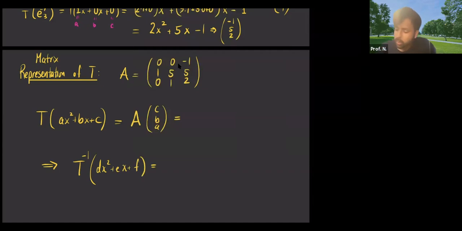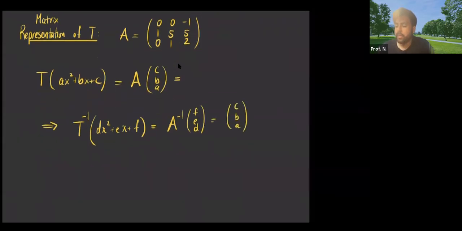What do I have to do to get the inverse? I just take the inverse of my coefficient matrix and I would get back. So this would be FED and I would have to get back CBA. In essence, all I'm doing is figuring out what the inverse is.